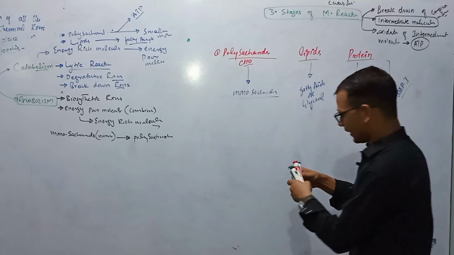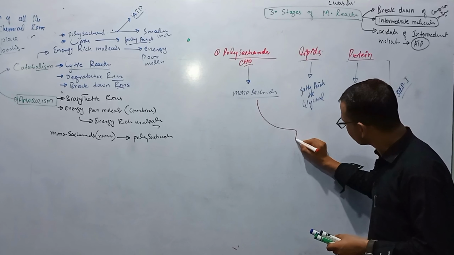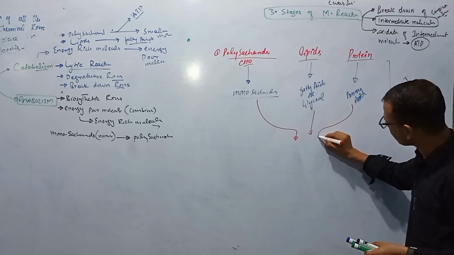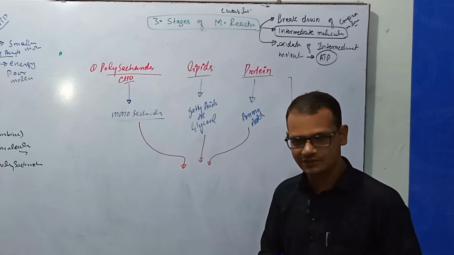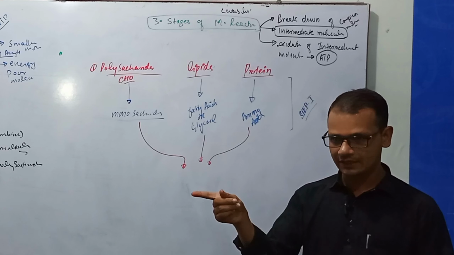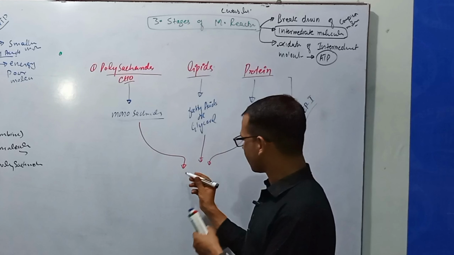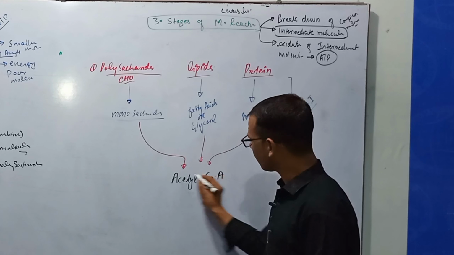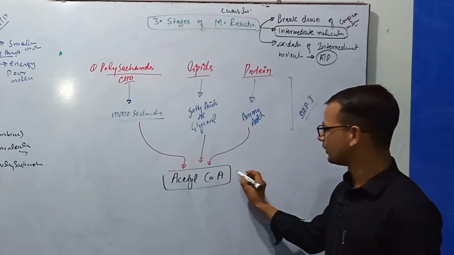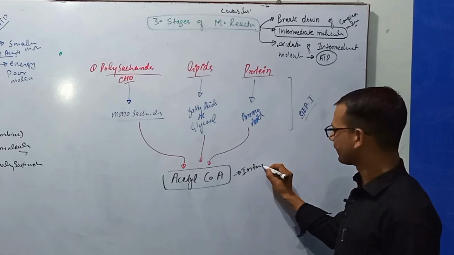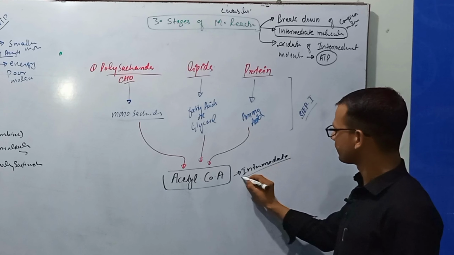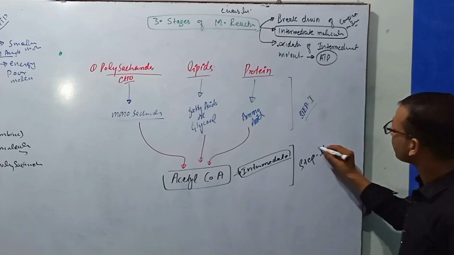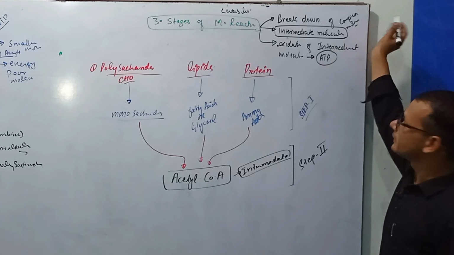So for example, after this, the fatty acids, monosaccharides and also the amino acids will be converted into acetyl coenzyme A. I have already discussed this yesterday, right? So it will be converted into acetyl coenzyme A. This is the second step, and this molecule is an intermediate molecule, and this step is step 2, in which intermediate molecules will be formed.